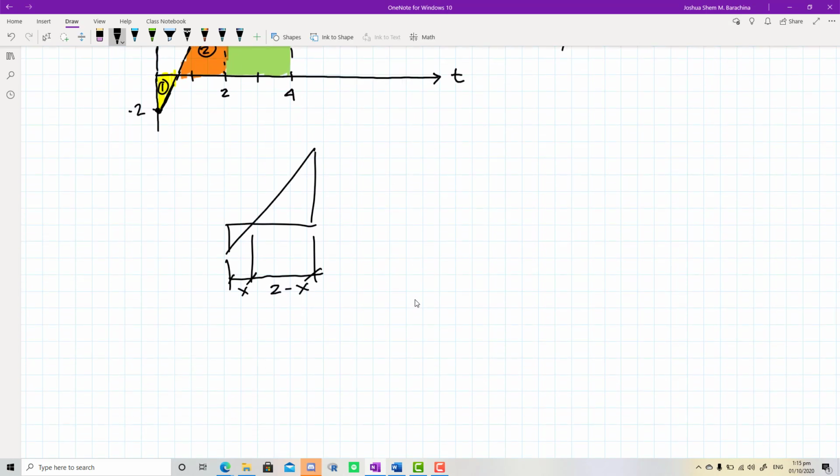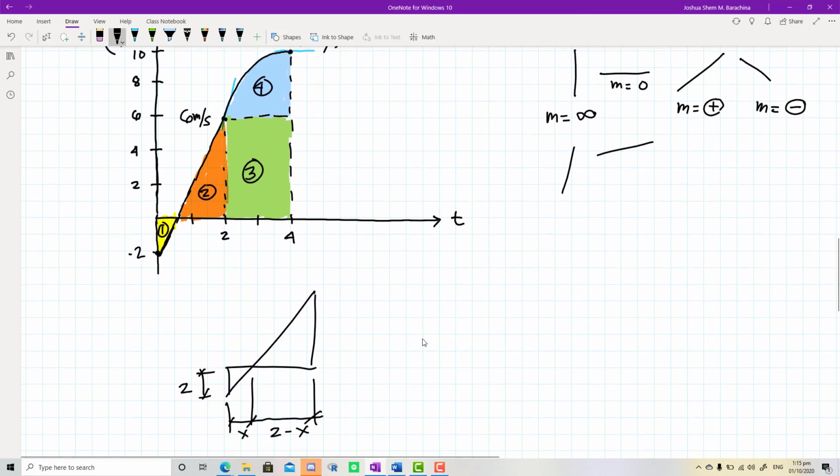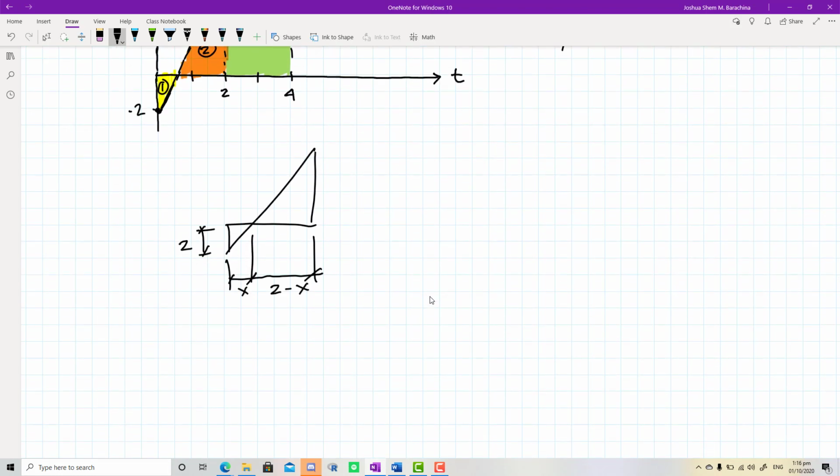Okay, using ratio and proportion, the height of this value is 2. Absolute value tayo kasi yung magnitude lang naman ang kailangan natin. And this would be equal to 6. Right? 6 ang height niya.